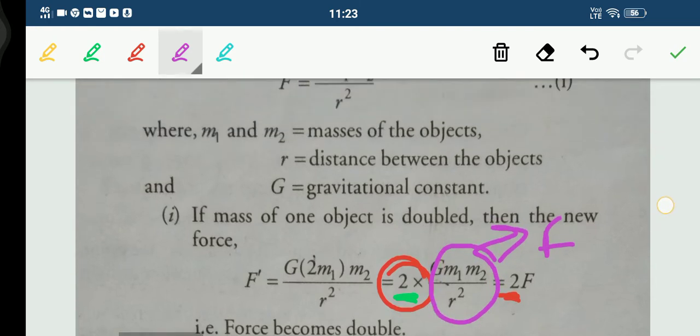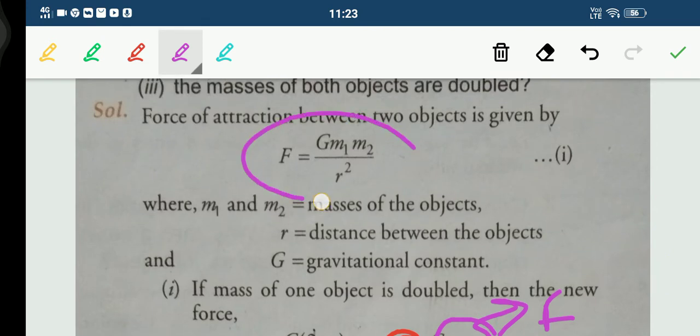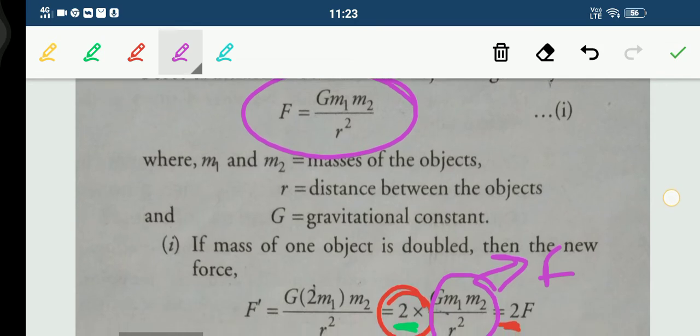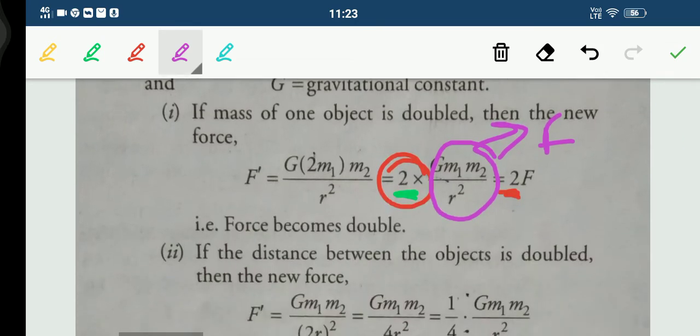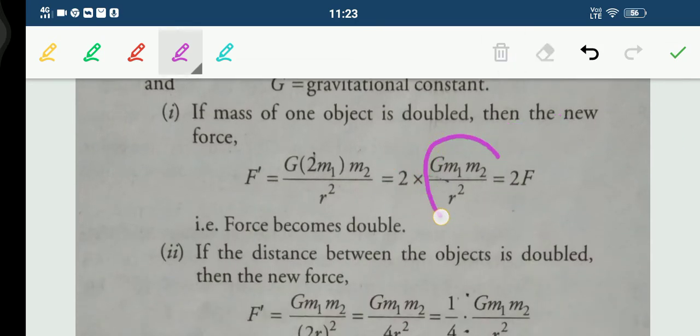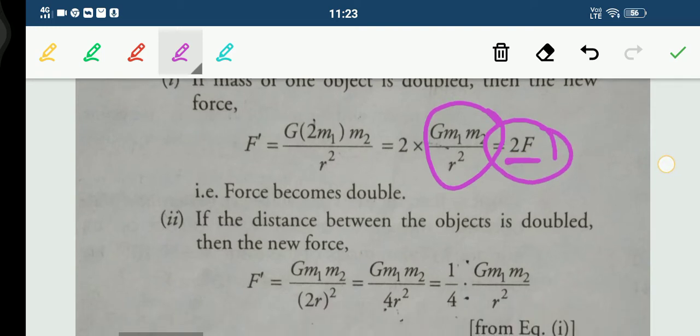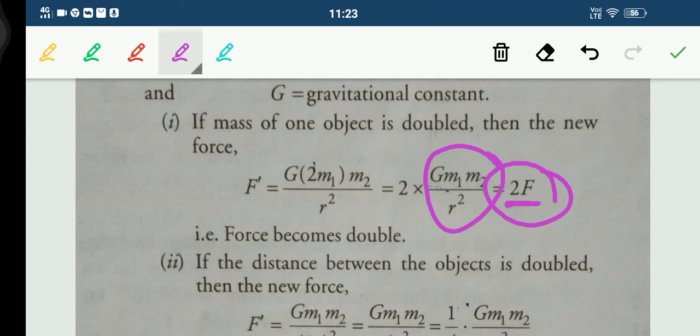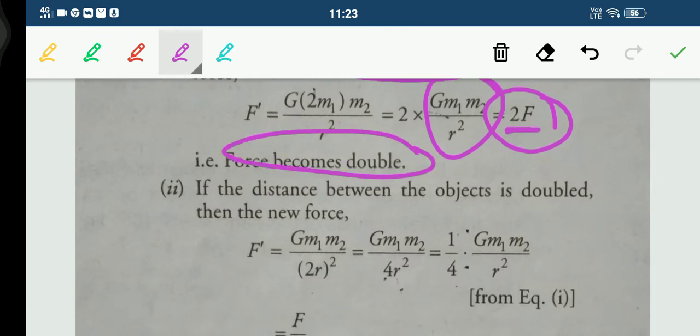Of course we can, because we have discussed that F is equal to G m1 m2 upon r square. So you all can see here, we can write this as F. So this becomes 2F. Fine. Now what does this mean? If the mass of one object is doubled, then the force becomes double. Okay students, this is what the first question is.